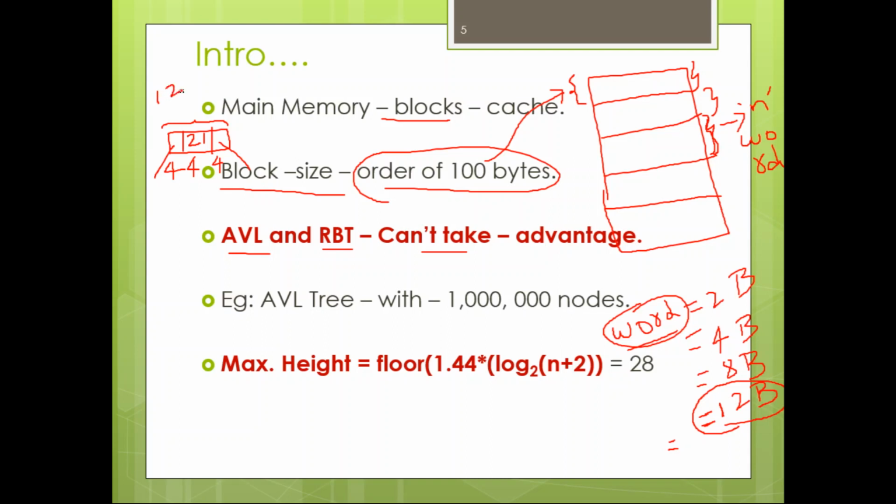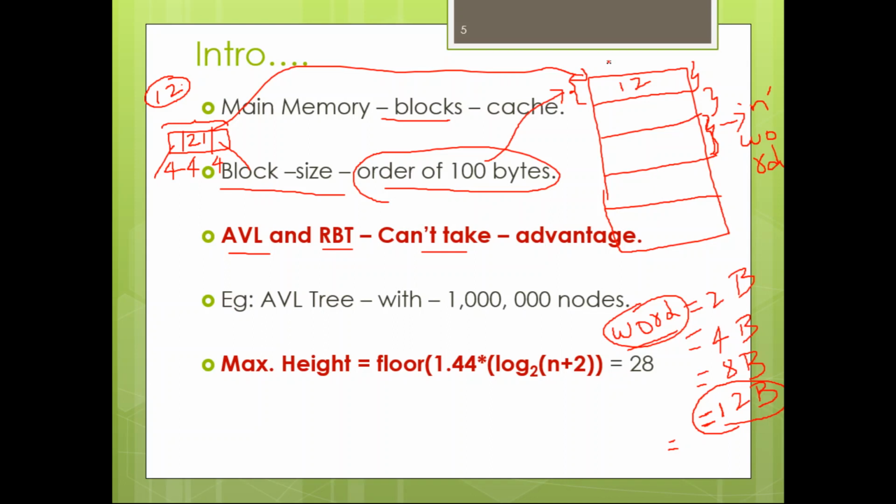So this 12 bytes, that is one node's details, will get into one block. That doesn't mean we are not using the remaining bytes of that block; it may contain some other data. But typically each node will be stored in one block.